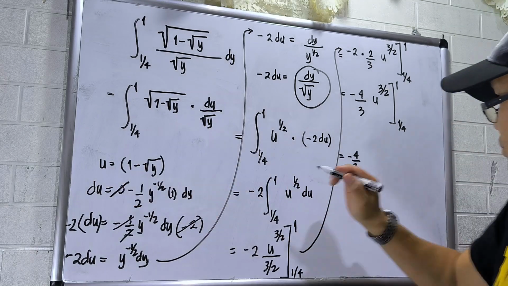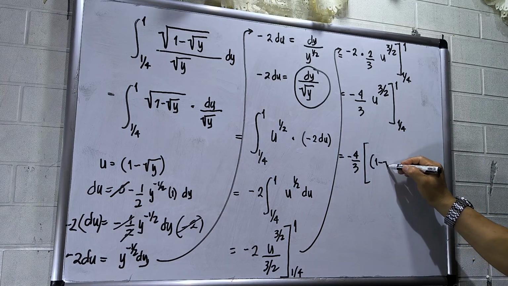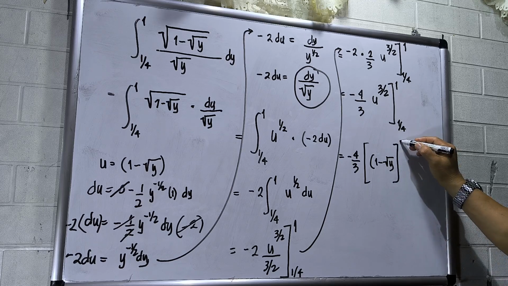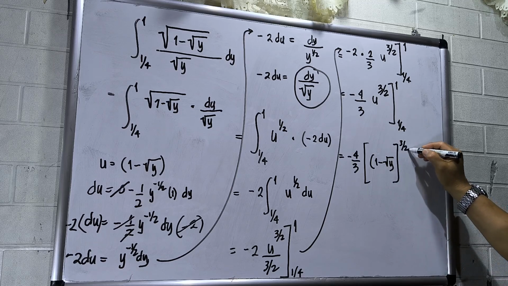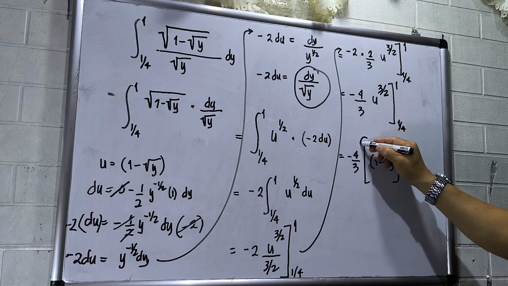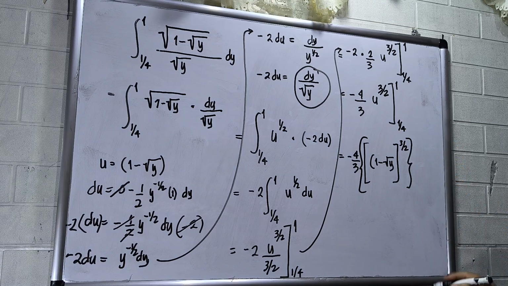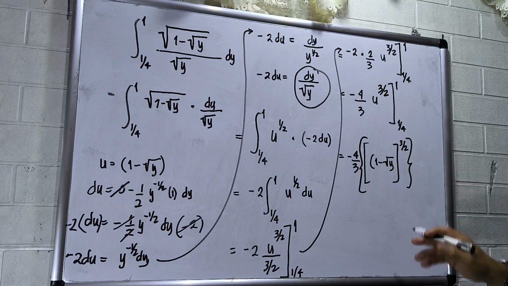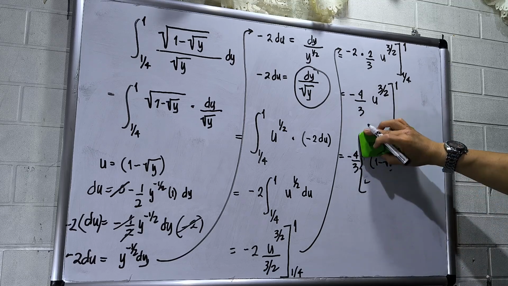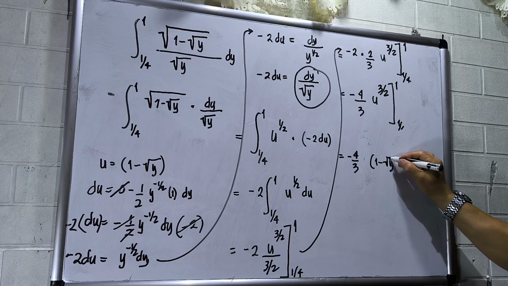So this will be negative 4 over 3, and u is 1 minus square root of y, raised to 3 over 2, with limits from 1/4 to 1. I will use circle brackets only, so that I can use square brackets with the limits.